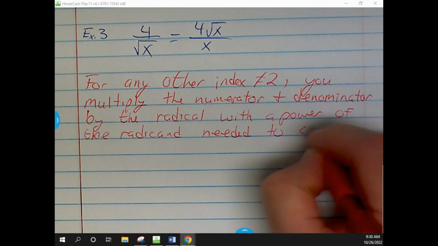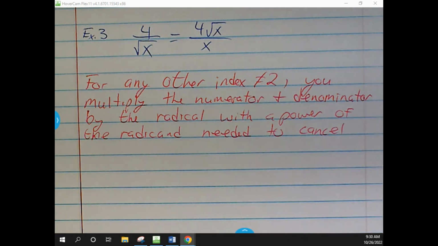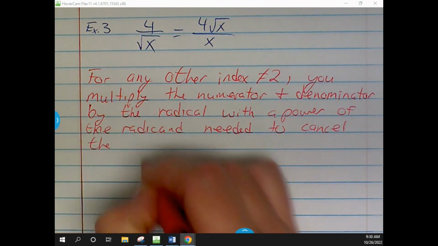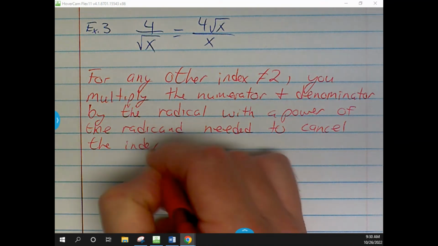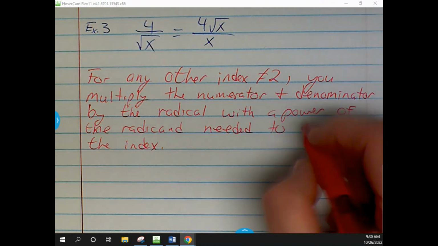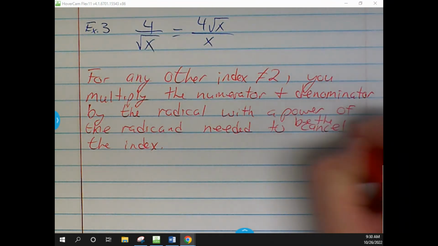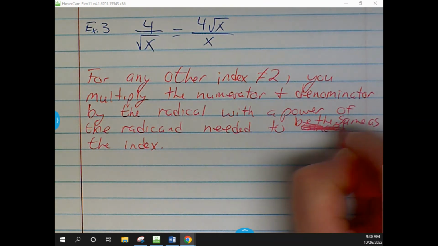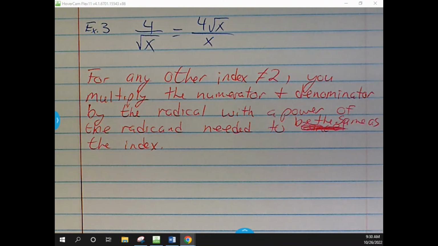Again, the wording is terrible on this one, so I apologize. I'm just a math teacher, I'm not an English major. So we're going to multiply by the radicand to whatever power is needed to be the same as the index.